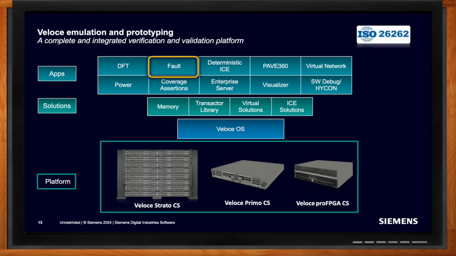And then on top of that, we have an operating system that is the command to control. And then we have solutions, things like memory and transactors libraries. And then finally, on top of all that, we have a set of applications. And I've highlighted the Veloce Fault App since that's the one we're going to be discussing today.